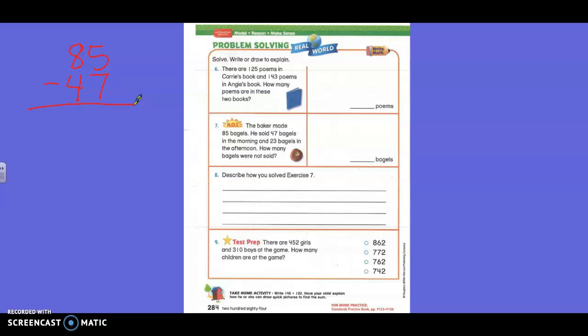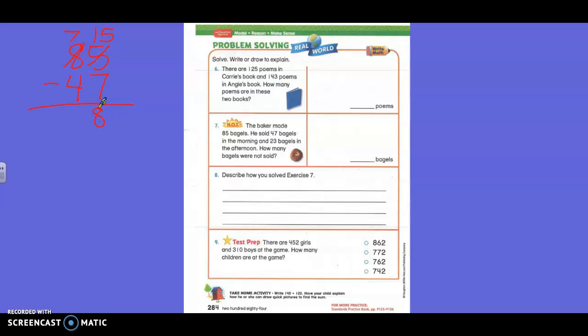Okay? What's 5 minus 7? And 2. So what do we need to do? Okay, yep, borrow from the 8, make the 8 a 7. And then what do we do? Cross out the 5 and put it to 15. 15 minus 7. 8. 15 minus 7 is 8.